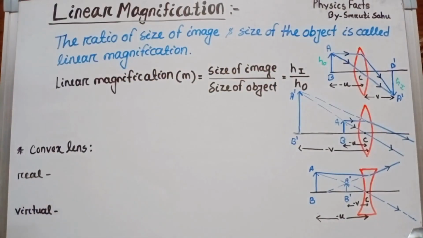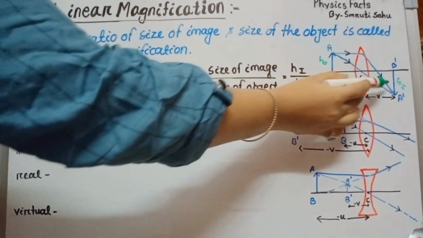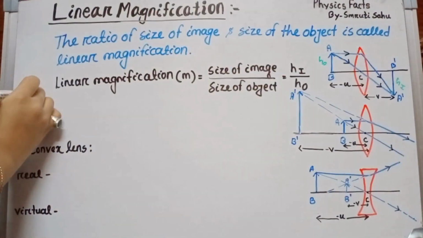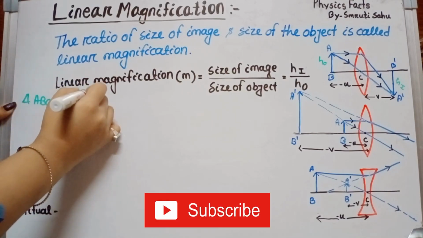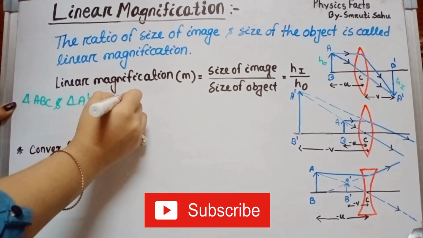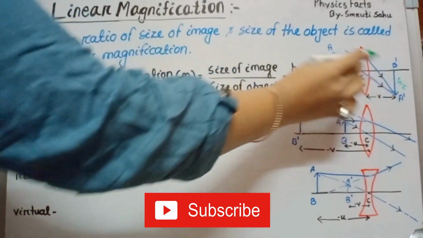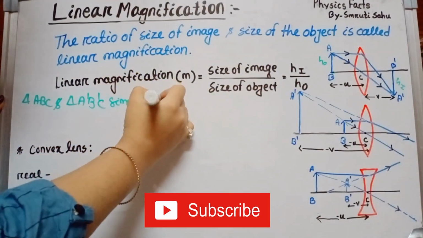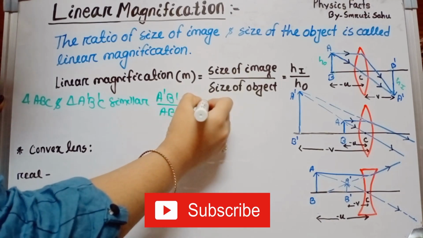HI by HO. Okay students, in the previous class we discussed that triangle ABC and triangle A prime B prime C are similar. So we got A prime B prime by AB equals CB prime by CB.